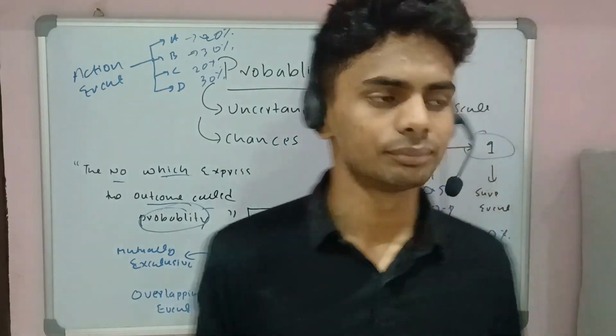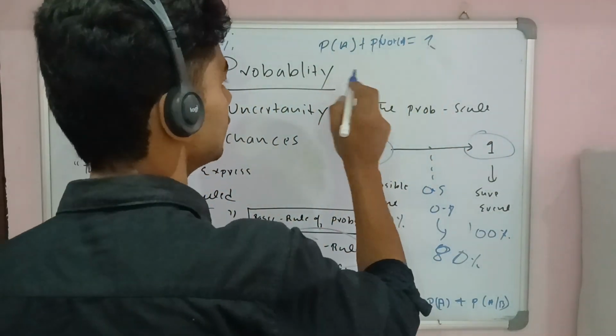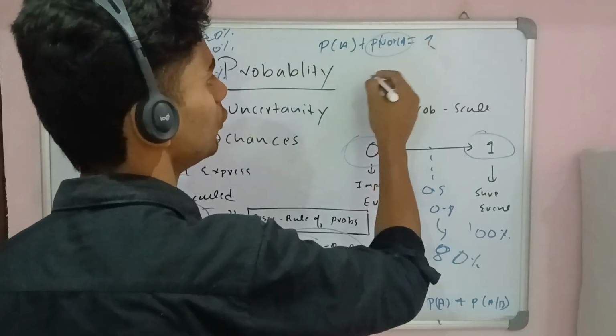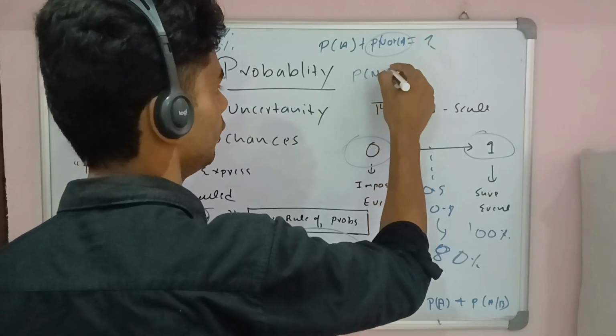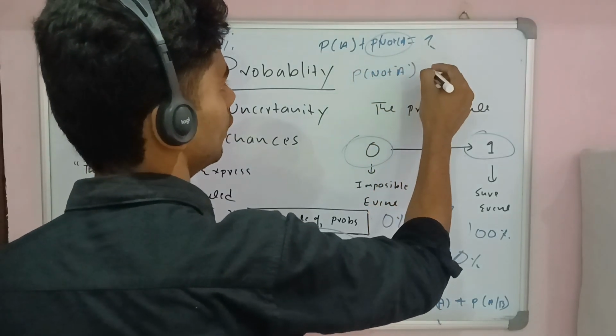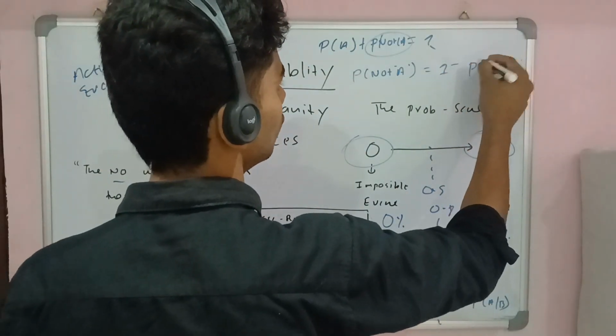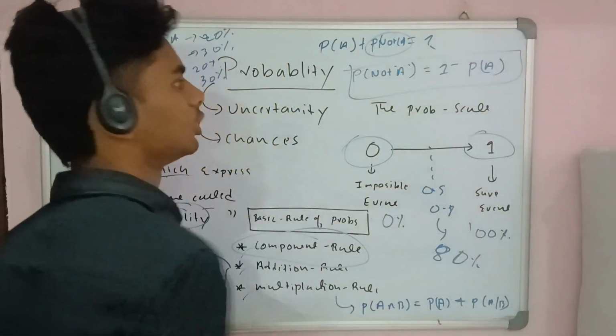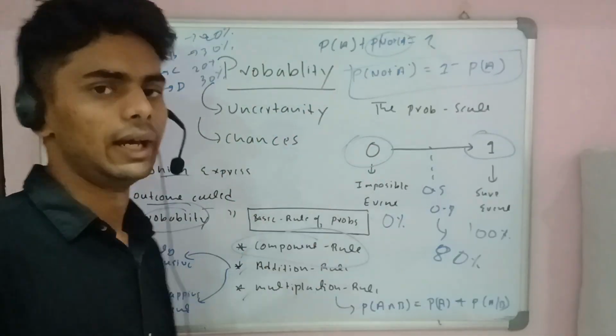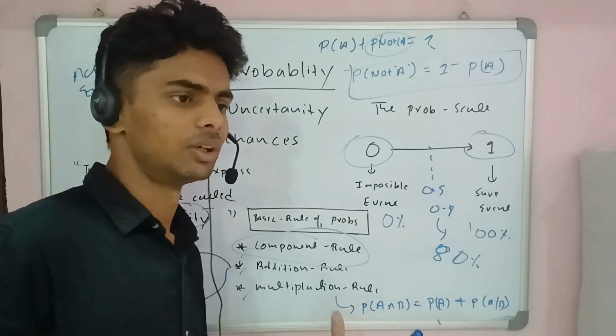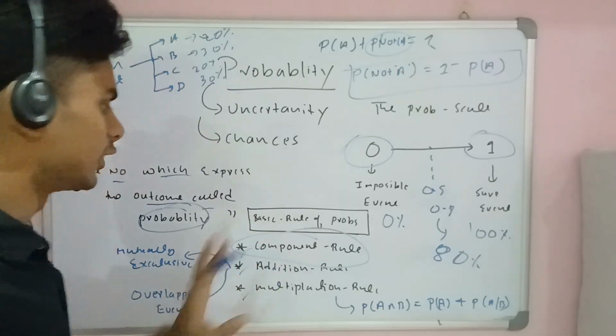In that case, if you want to find the probability of not A, then you just shift this term to the other side. The complement rule states that you can move terms between the LHS and RHS for better understanding. So that's the complement rule.